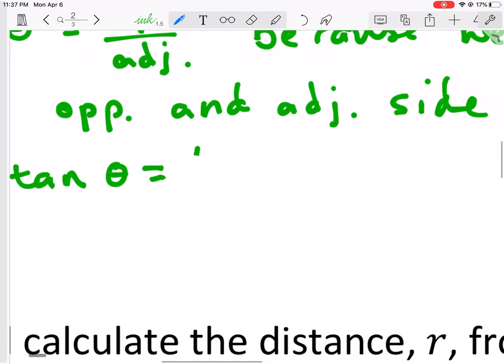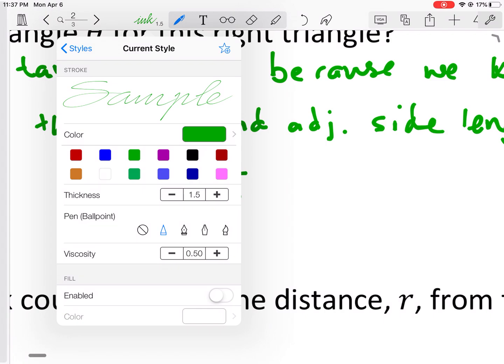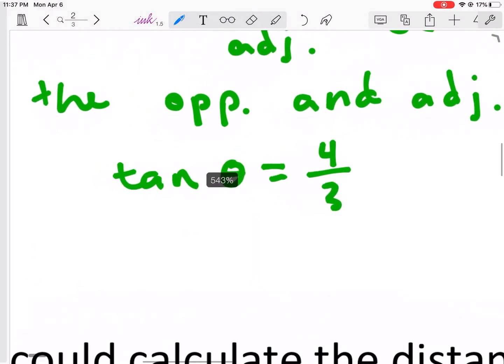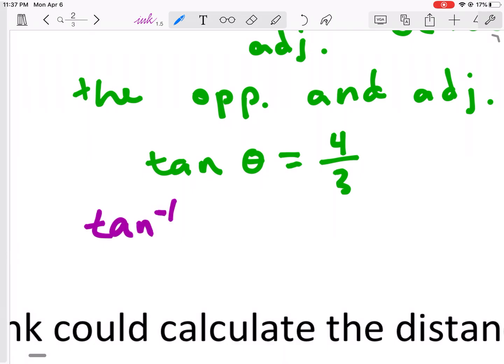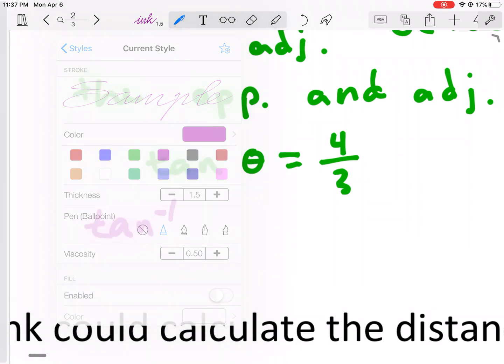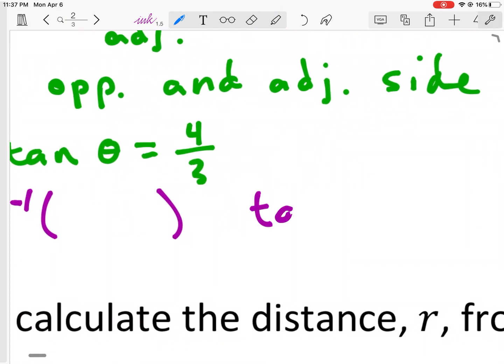And adjacent is 3. And we want to solve for theta. Rewinding to when we've worked with solving trig equations, to undo a tangent function, we need to apply its inverse. Tangent inverse, also known as arctangent, to both sides of the equation.